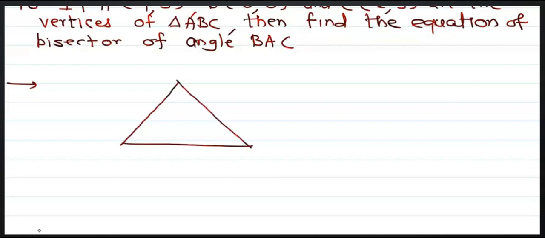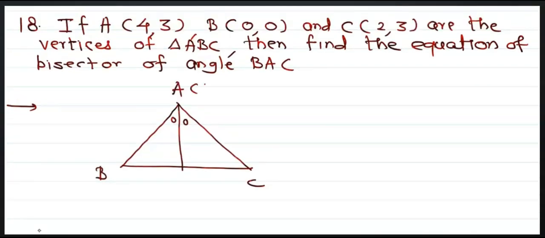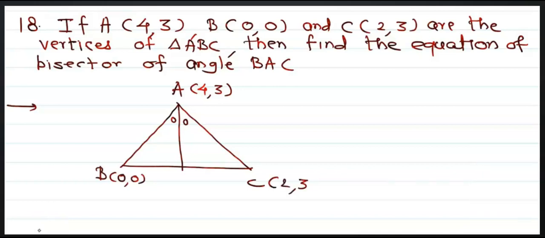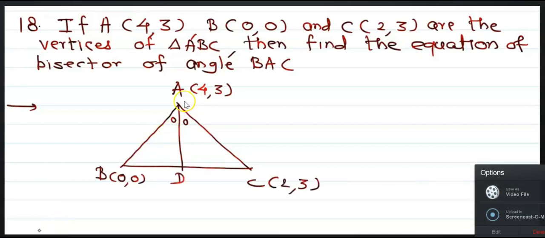Now see this here. To find the equation of the bisector of angle BAC, now this is the triangle ABC. AD is the bisector of the angle BAC.